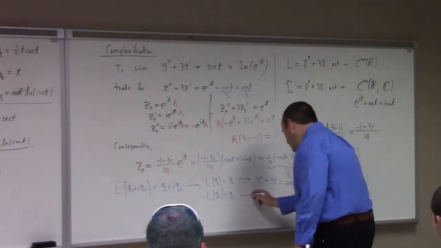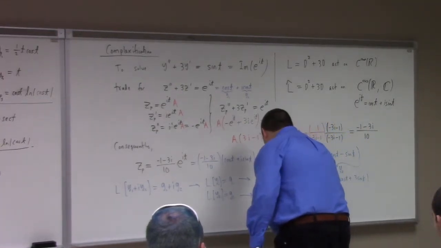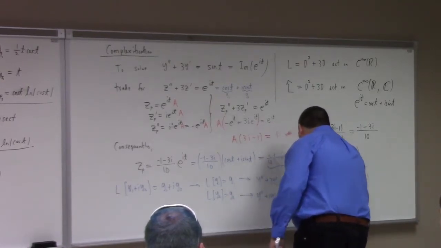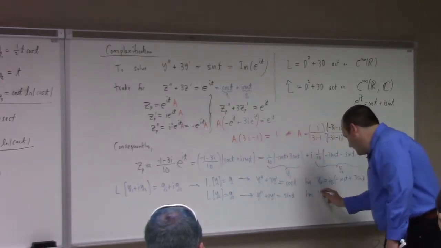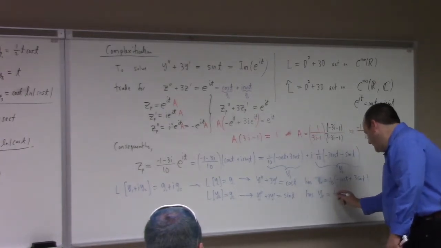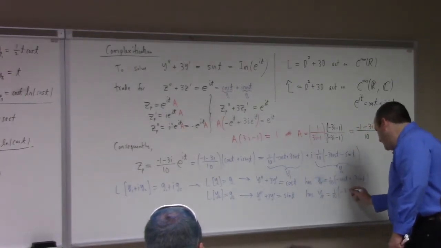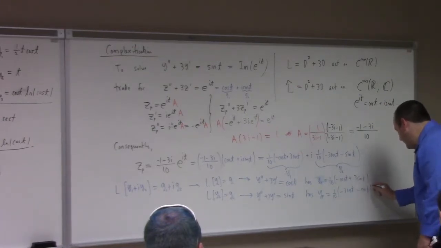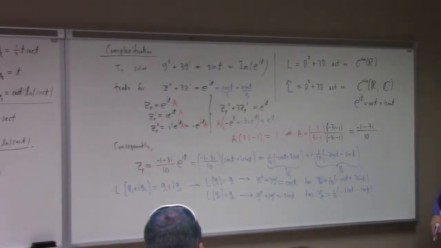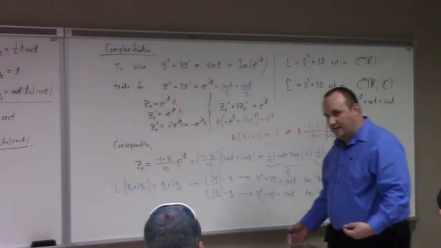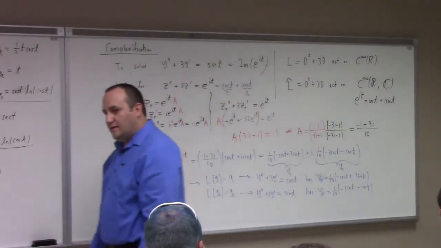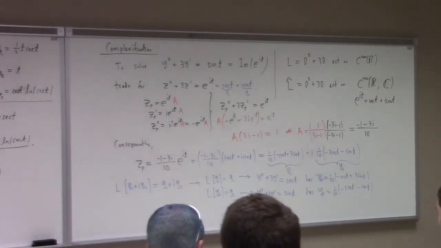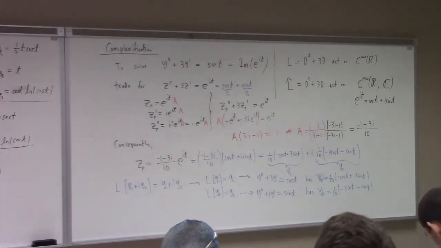And also, this one tells me y'' + 3y' = sin t has a solution yp equal to 1/10 (-3 cos t - sin t). So I solve both the sine problem and the corresponding cosine problem at the same time by just finding a particular complex exponential, a particular solution built from an imaginary exponential with a complex coefficient.